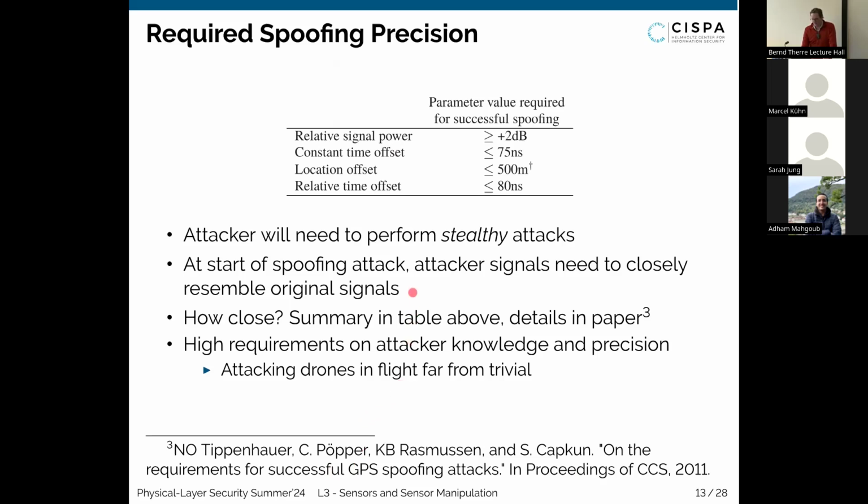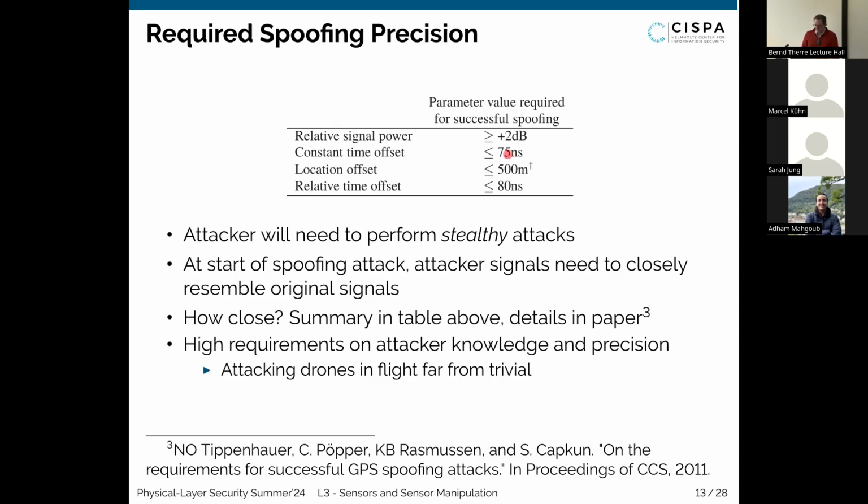We looked into how precisely the attacker has to match the original signals at the victim to do this takeover without confusing the receiver too much. And for this specific combination that we investigated there, you had to have relatively tight control over your signal power at the victim.